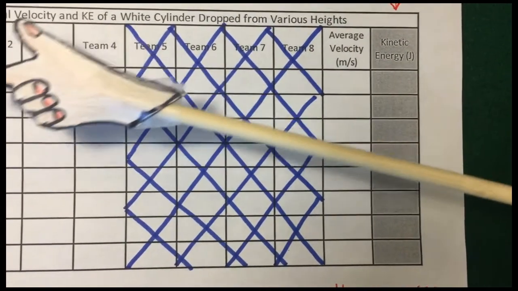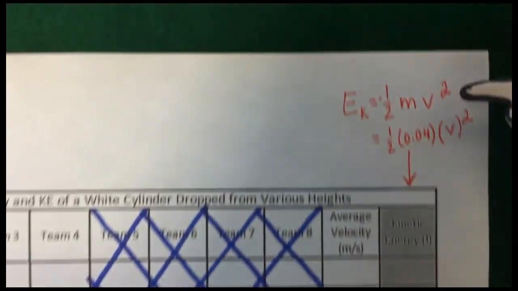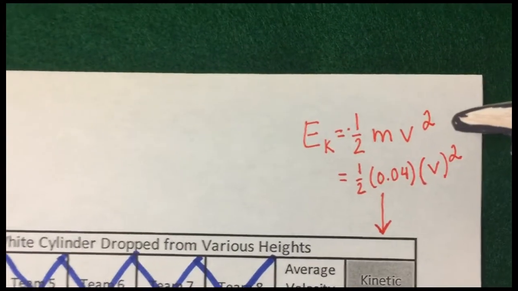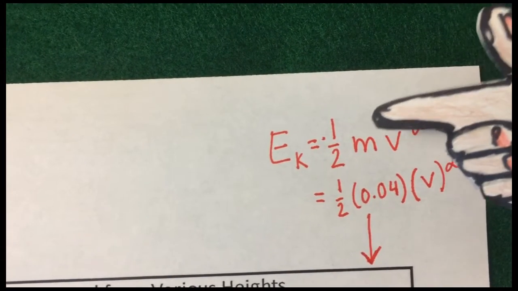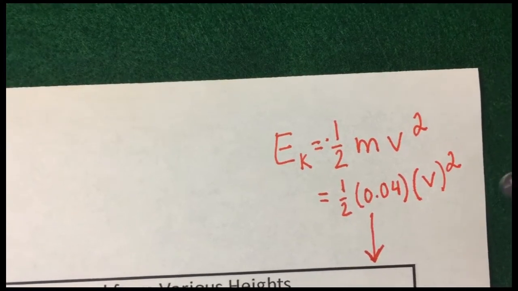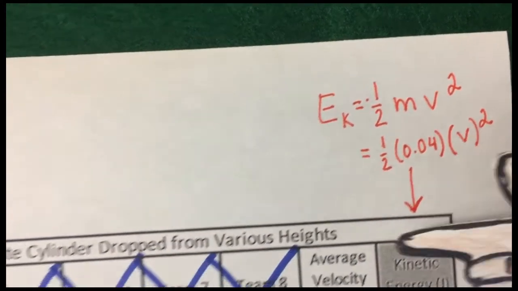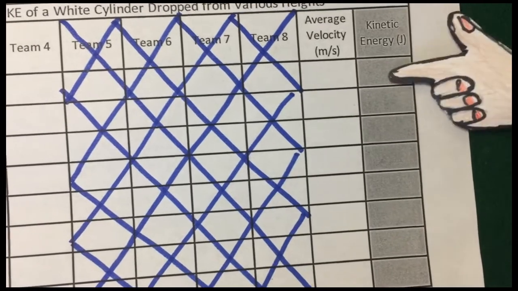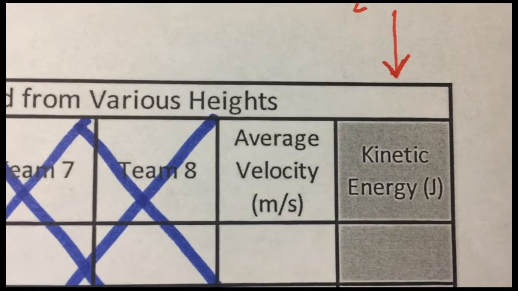And finally, using our average velocities and the mass of our white cylinder, we're going to calculate our kinetic energy, which of course the expression is 1/2 mv squared. So we'll have 1/2 times 0.04 kilograms times each of the average velocities, and we'll square that, and that will be our kinetic energy measured in joules.